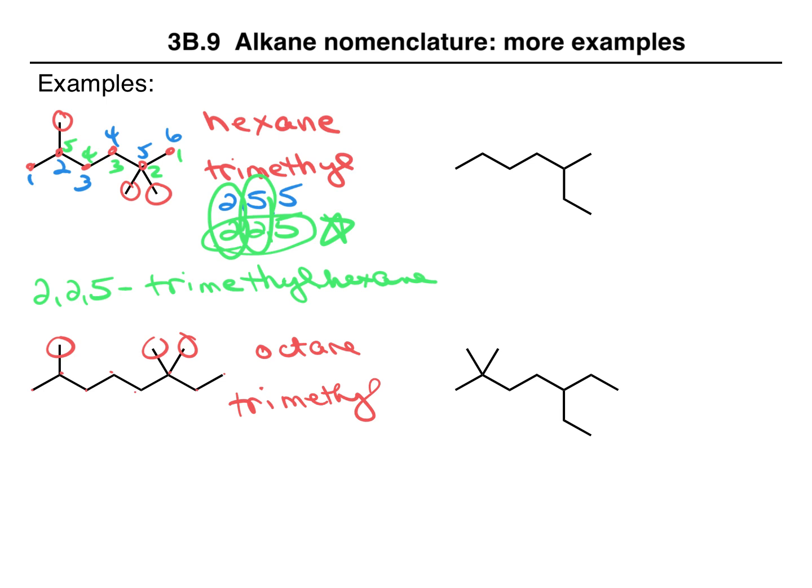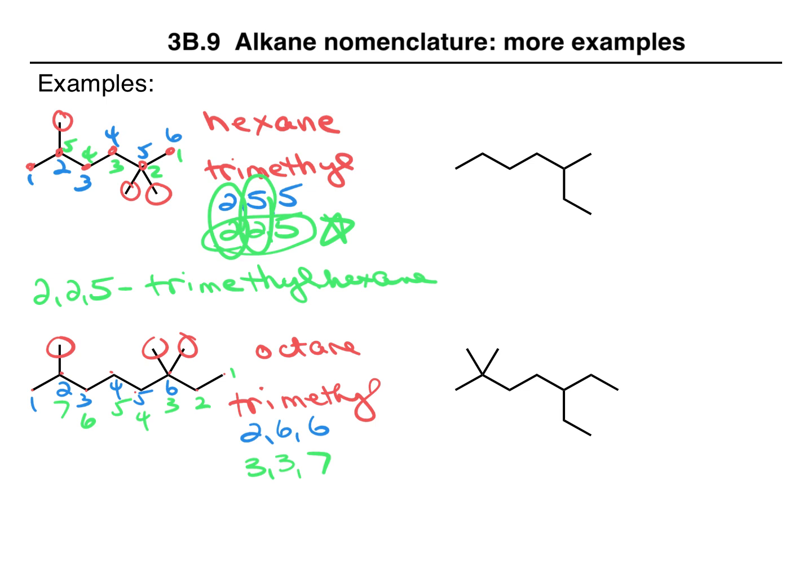If we go left to right, we have 1, 2, 3, 4, 5, 6. So we would have 2, 6, 6. If we go right to left, 1, 2, 3, 4, 5, 6, 7. Here we have 3, 3, 7.